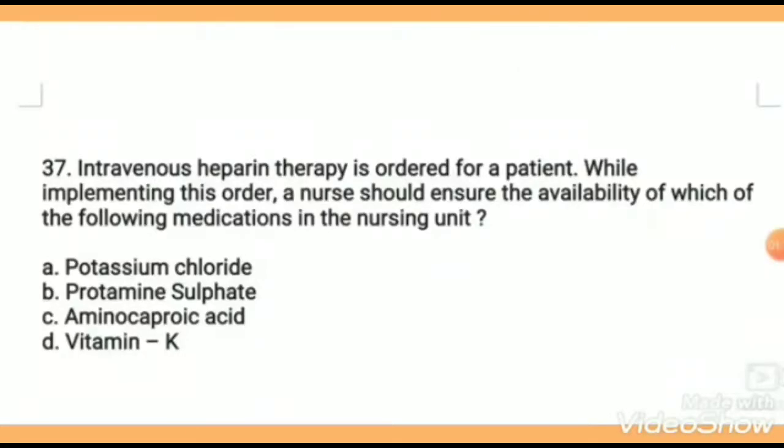Intravenous heparin therapy is ordered for a patient. While implementing this order, a nurse should ensure the availability of which of the following medications in the nursing unit? Potassium chloride, protamine sulfate, aminocaproic acid, or vitamin K?